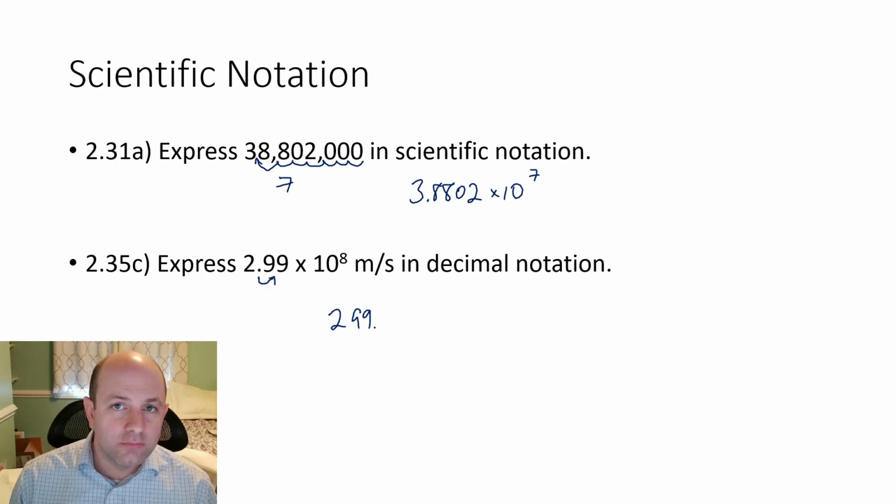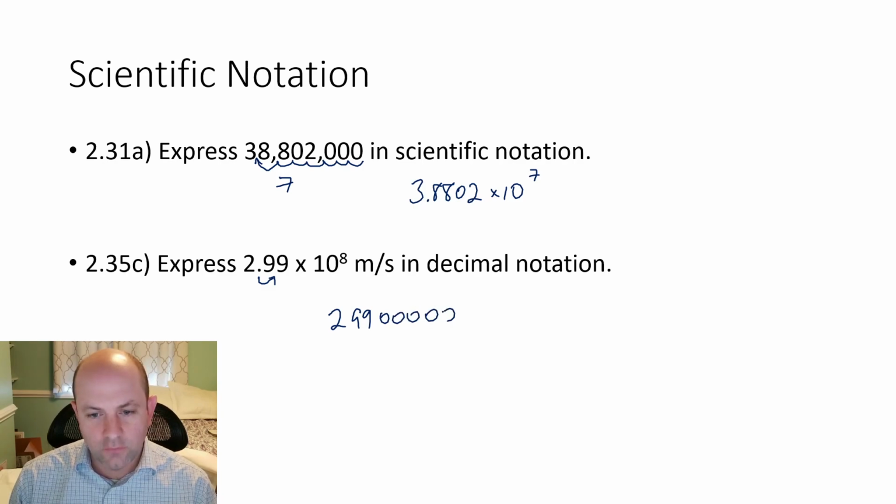I need to move it 6 more, so 6 zeros. 1, 2, 3, 4, 5, 6. And then if you wanted to put commas in, you could do that. Online for your homework, you won't ever be writing in commas, so just 299 million, I'd call it good there. And if they do ever give you a unit, we should write that as well. It should still be meters per second. That's the speed of light.